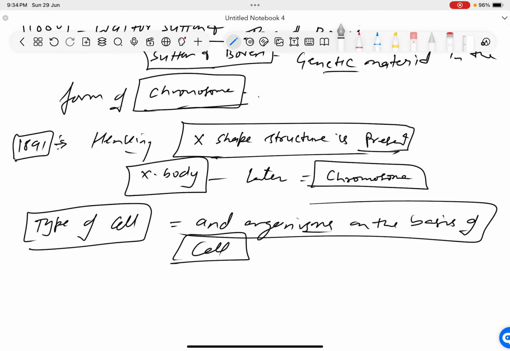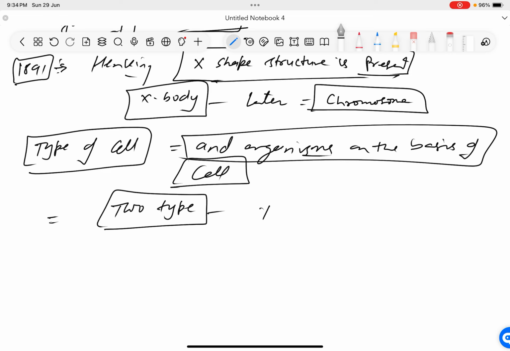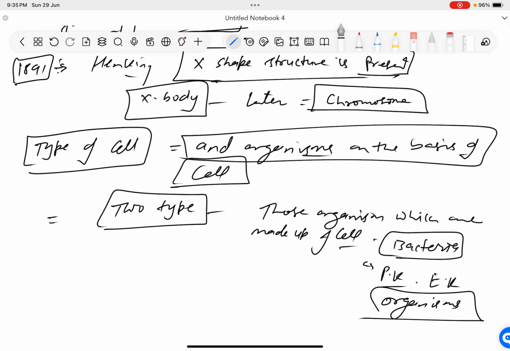On the basis of cell, organisms can be divided into two types: those organisms which are made up of cells, for example bacteria, or we can say prokaryotic and eukaryotic organisms.